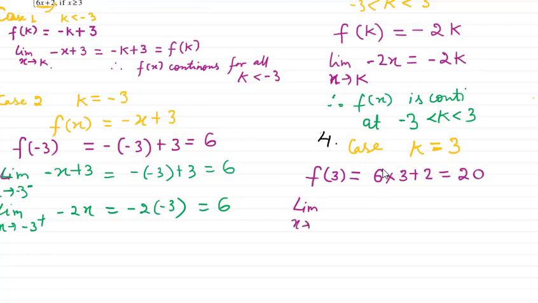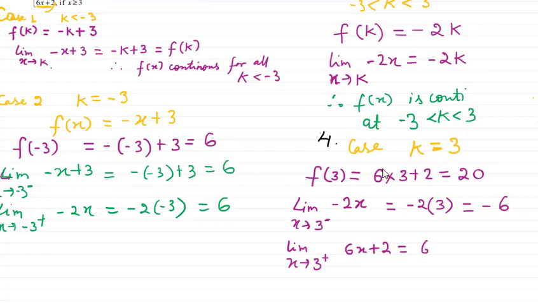Now for the left hand limit, when x is a little bit less than 3, which function is valid? At that time it is minus 2x. So it will give you how much? Minus 2 into 3, so that is minus 6. Now for the right hand limit, when x is a little bit greater than 3, which function is valid? At that time it's 6x plus 2.